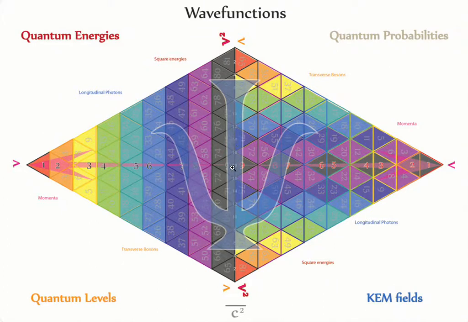There are a number of different things we can calculate within the wave functions of EM waves themselves, depending on whether we're measuring photons or bosons, or transverse or longitudinal energy waveforms. But again, in all cases, Tetryonics gives us a clear picture of what's being measured and how these geometries come together to form these different probabilities and quantum levels, etc.